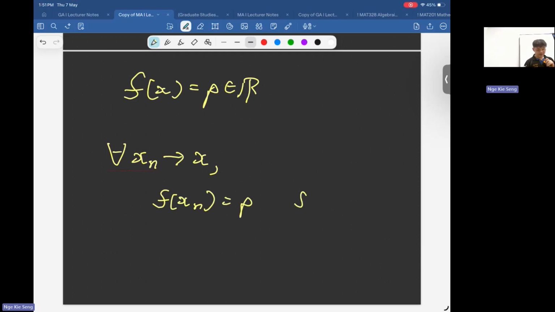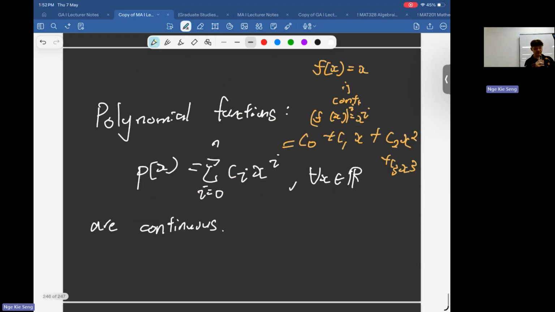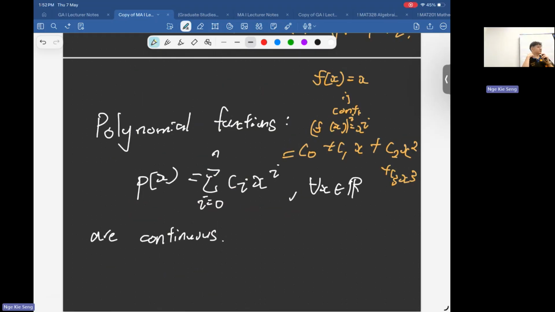It's just p. What is f of x? Still p. P have to converge to p. Okay, constant function p converge to p. Okay, does it make sense? 更容易学啊，你都不用，你这个 function 根本就是 constant function，它肯定 converge to 还是 f of x 也是 p。Okay, so constant function is continuous. So polynomial function is continuous. Okay, good.